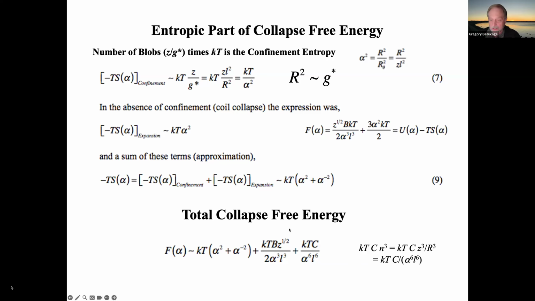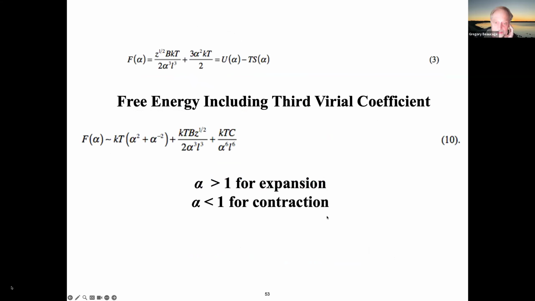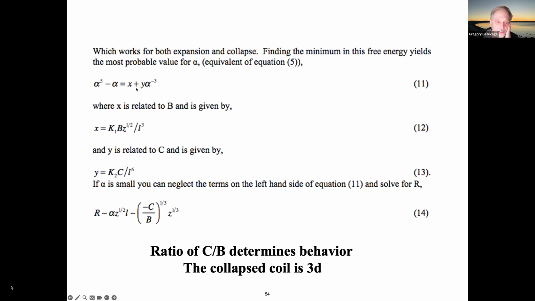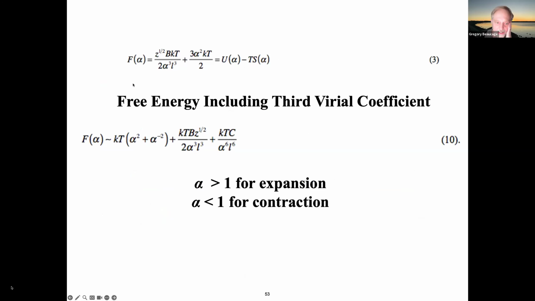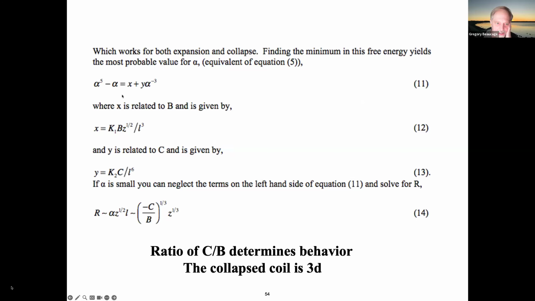So what you do is you couple up all the constants in this thing. You just have the alpha dependencies. So you make it into x for the B term and y for the C term, and then it's going to look like this. You can simplify this expression if you just collect the second virial coefficient stuff into x and the third virial coefficient stuff into y.